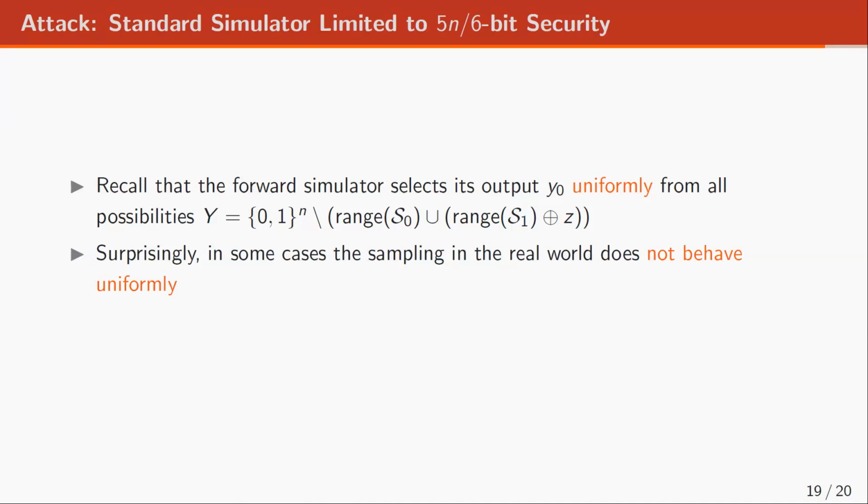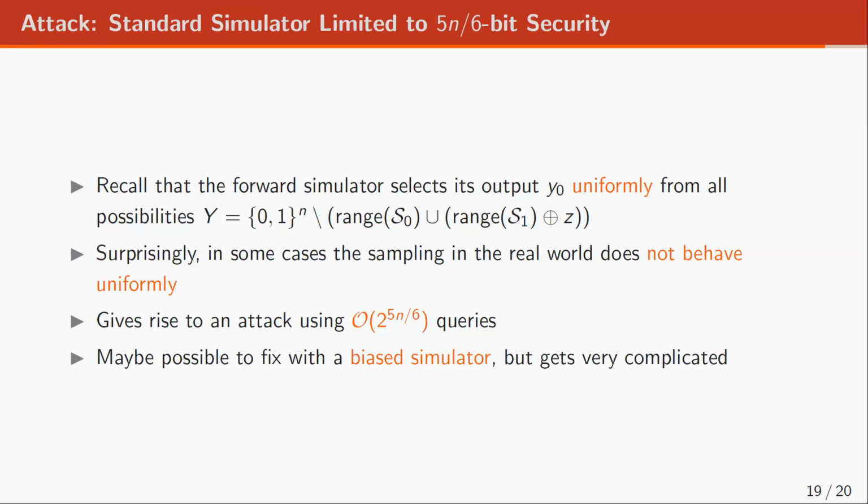But surprisingly, in some cases it does not behave uniformly over all these cases. That gives a different behavior of the simulator, and you can exploit that using an attack in 2^(5n/6) queries. So with this simulator, it's impossible to prove more security than that.